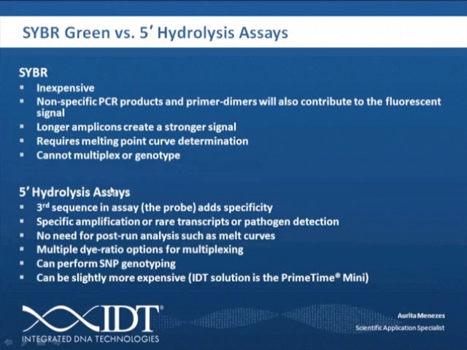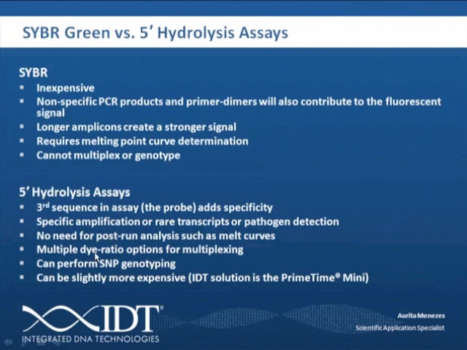5' hydrolysis assays have increased specificity over SYBR just because of the fact that there's a third sequence in the assay, the probe, that makes it more specific. It's also useful when you're trying to amplify rare transcripts or you're trying to detect pathogens, and it's also advantageous because there's no need to run post-run melt curves.